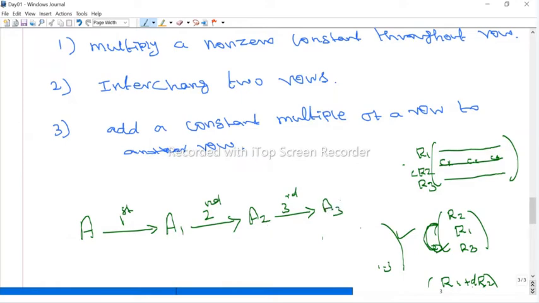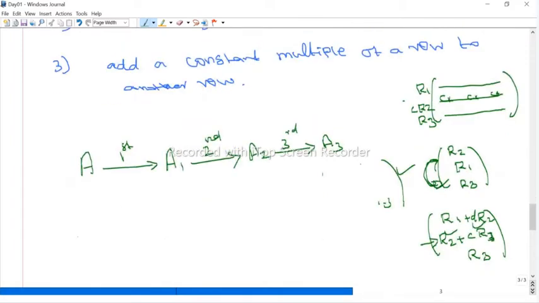I apply all the kinds. Suppose from A3, how do we get back A? We have to do the reverse. On A3 we get A2.